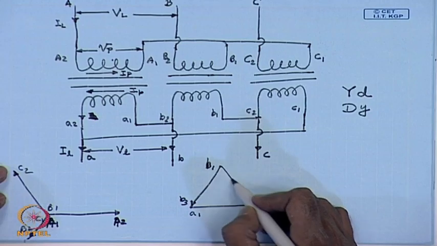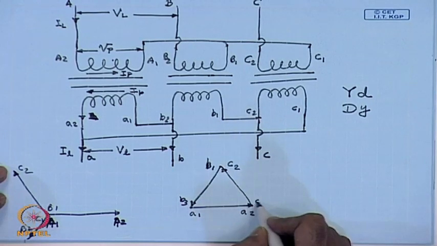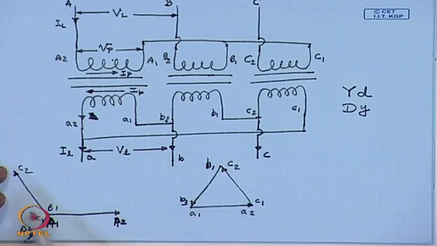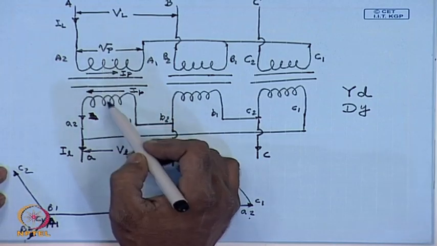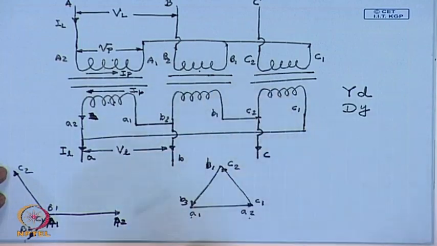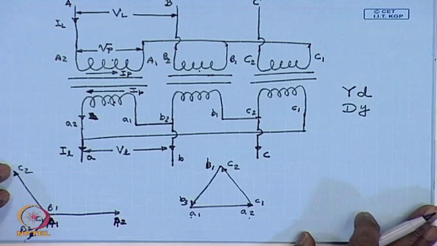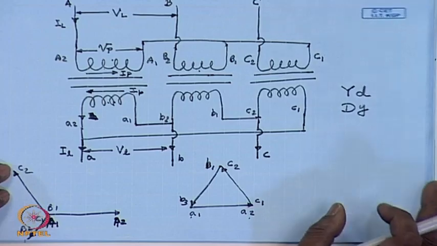So, this will be the phasor c2, c1. So, we see that the voltage a2 to a1 is parallel to the voltage V_A2A1. Since these two are coupled to each other, similarly for other phases. So, this is the phasor diagram of a star delta connected 3 phase transformer.